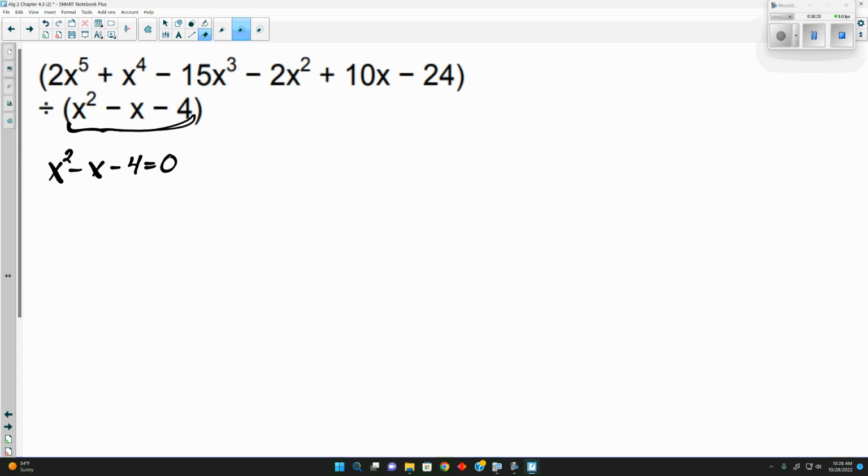That's all we need to do. So the first thing we can do here is add 4 to both sides, which tells us x squared minus x is equal to 4. We good with this here so far? X squared's not by itself, so we would add x to both sides. So we get x squared is equal to x plus 4.